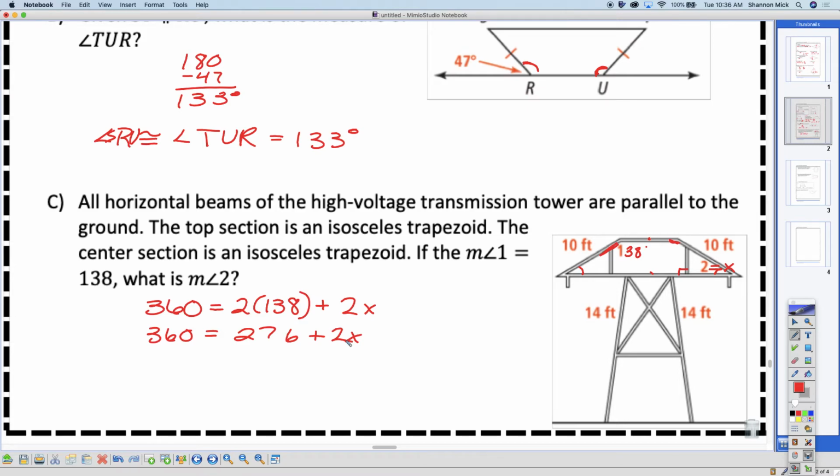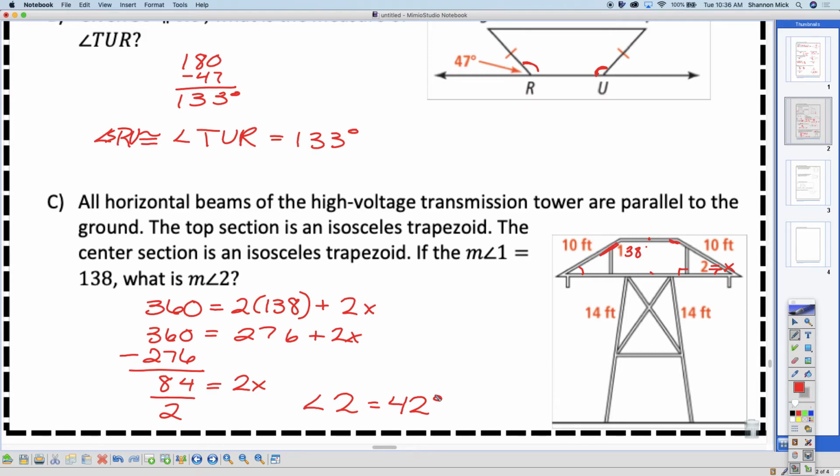Then divide. So angle 2 is what? 42 degrees.